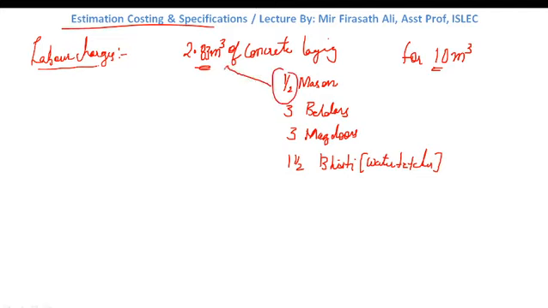For 10 meter cube, we get 10 into 0.5 divided by 2.83. So the value is 1.76.